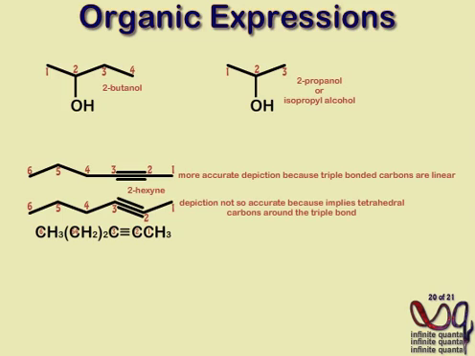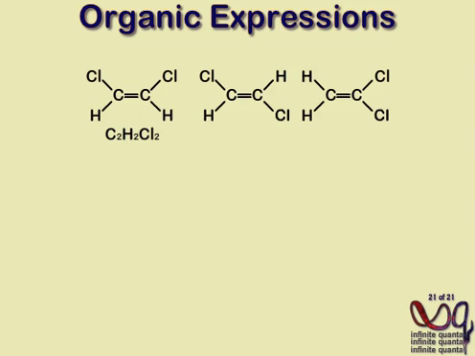And back to configuration for the double bonded. Remember the one that was C2H2Cl2? And I said there were 3 possibilities. Well, I see here how the chlorines are on the same side.